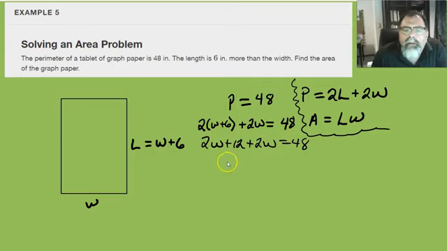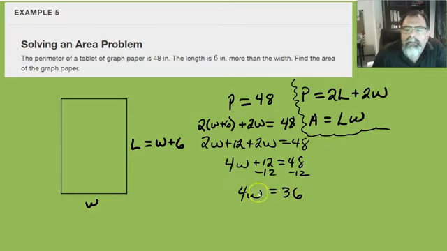Okay. Combine like terms. So 4W. You can subtract the 12 right now, but I'll go ahead and write it. So subtract 12. So 4W is 36. Divide by 4. W equals 9. So if W is 9, then length is 9 plus 6, which is 15.